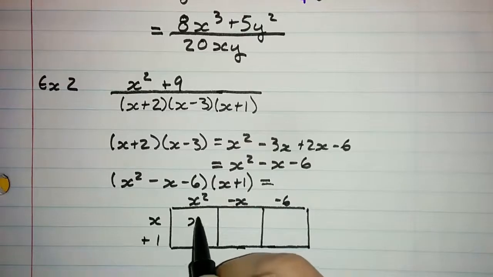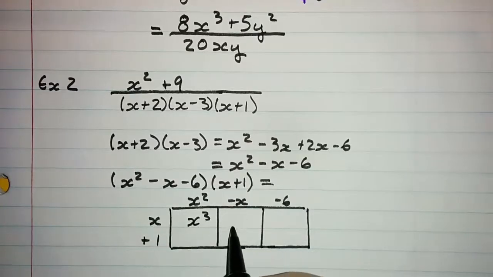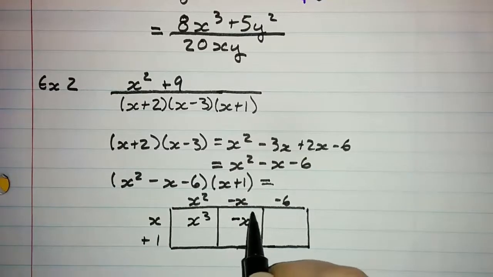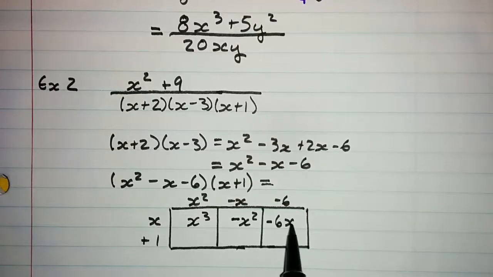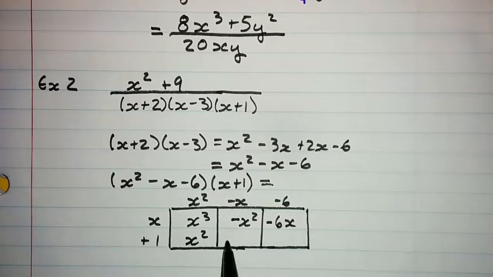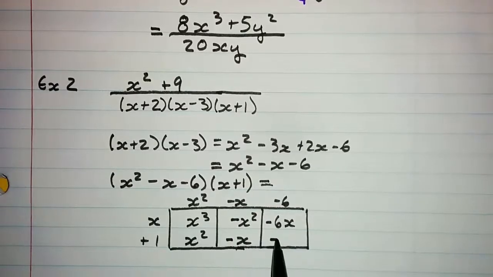x times x squared is x cubed. x times negative x is negative x squared. x times negative 6 is negative 6x. 1 times x squared is x squared. 1 times negative x is negative x. 1 times negative 6 is negative 6.